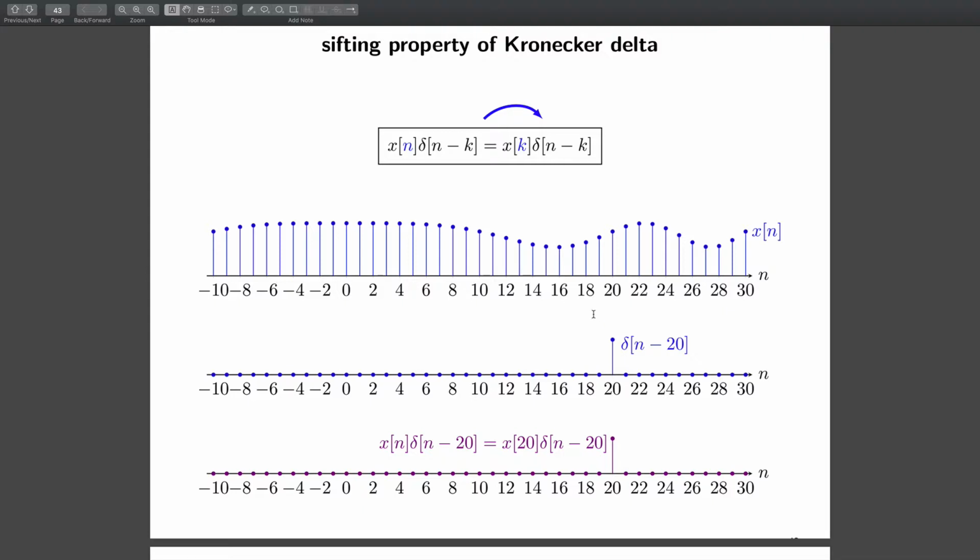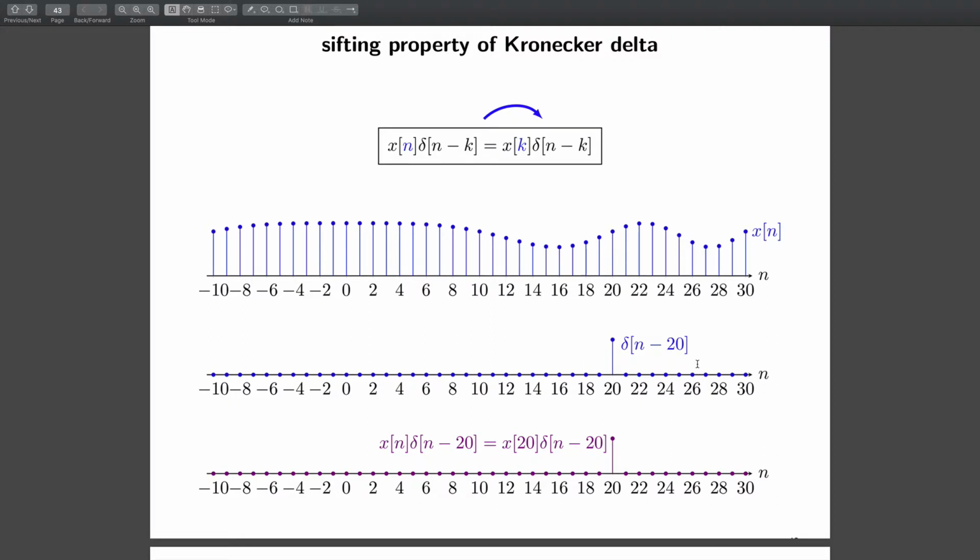Now, the sifting property is applied, or may be applied, in either direction whenever you have a waveform being multiplied by a delta function. That's what's being implied here on the left. We've got a signal x of n being multiplied by a delayed delta function, in this case generically delayed by k samples. When that product occurs, think of multiplying this sequence by this delta sequence.